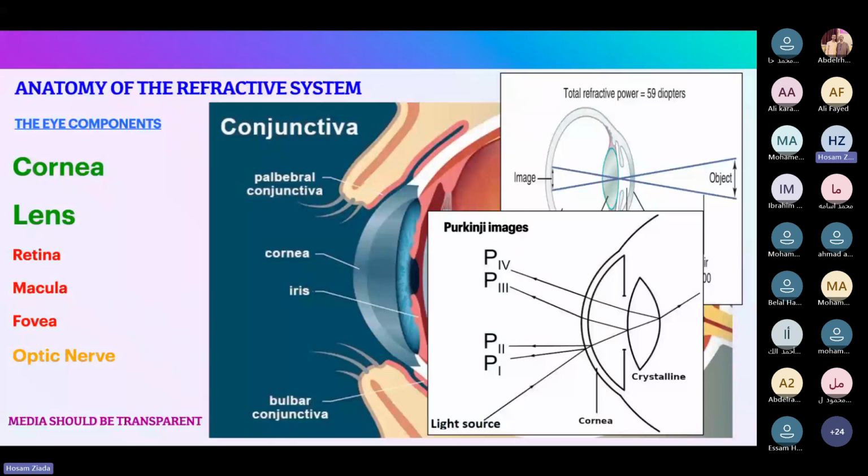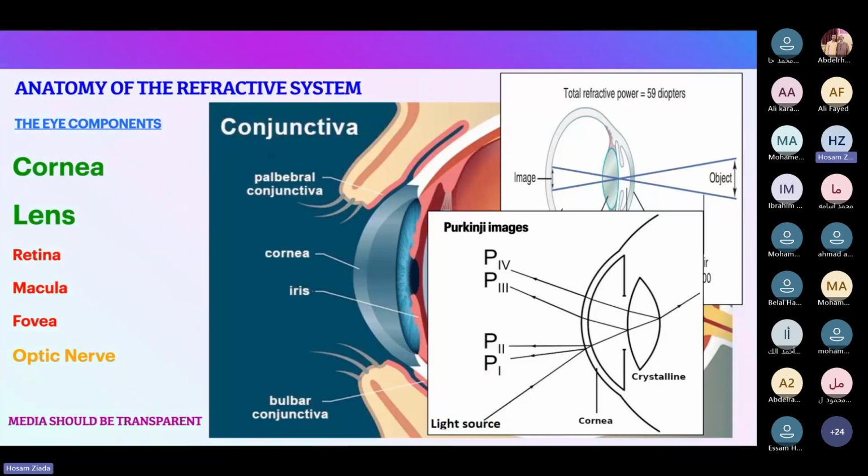Reflection means the light going back. Reflection is different from refraction. Refraction means the light will continue its pathway, but with some change in direction. But reflection is the mirror function.